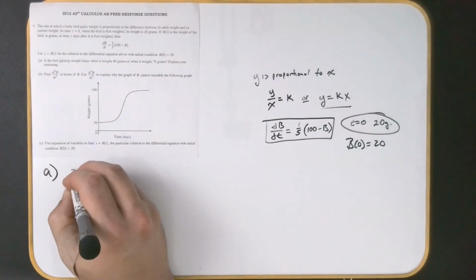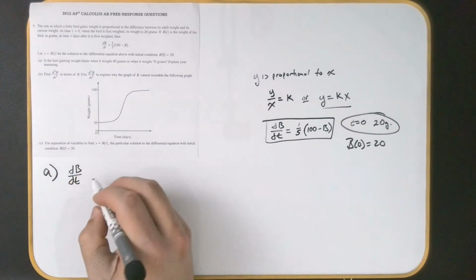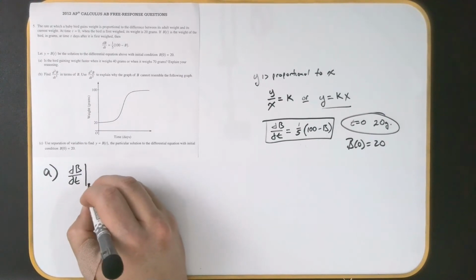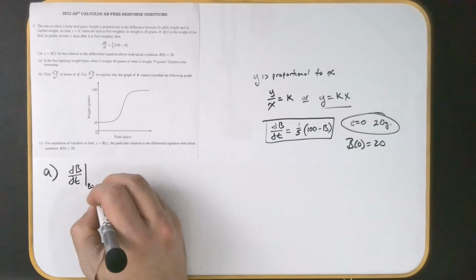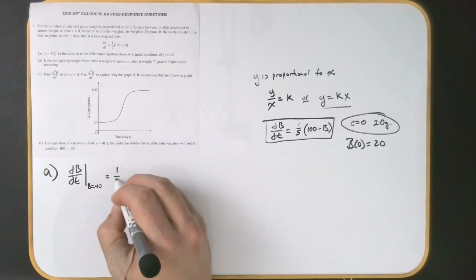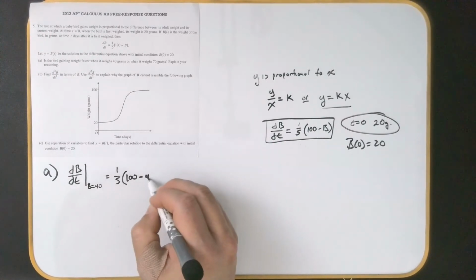So I want to figure out what is dB/dt. Let's do this when the body weight, what's our first one here? When it's 40. So when the body weight equals 40, that's going to equal 1/5 times 100 minus 40.